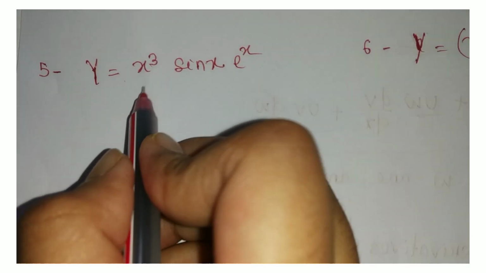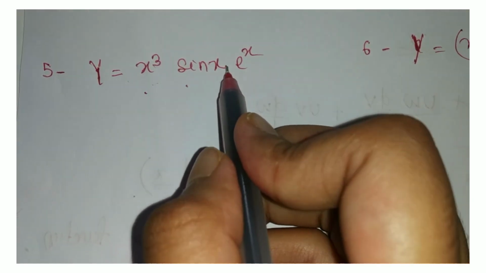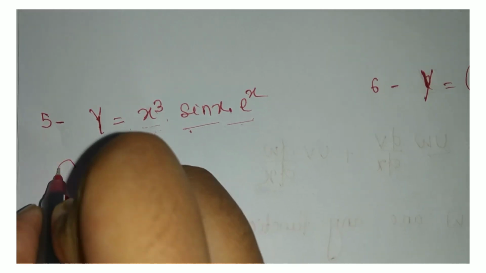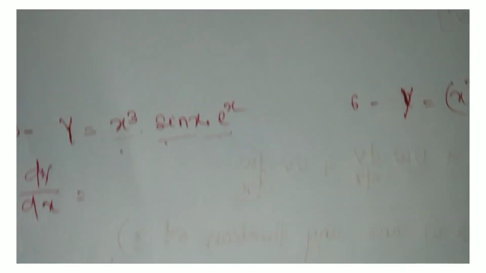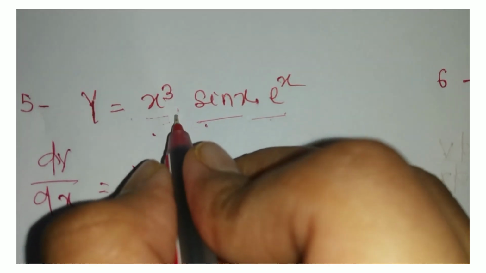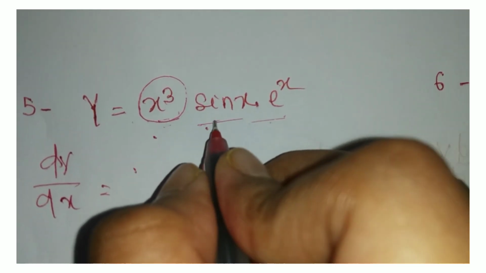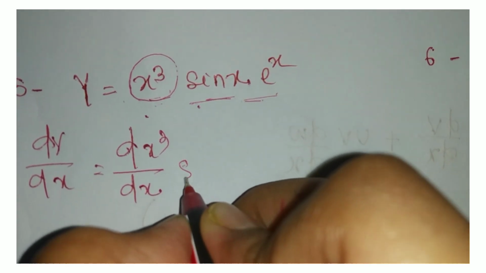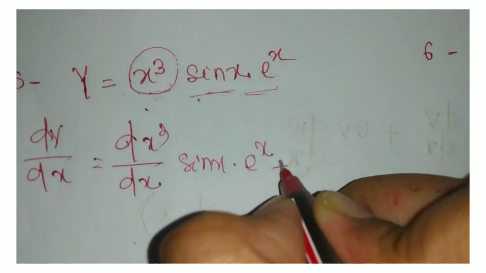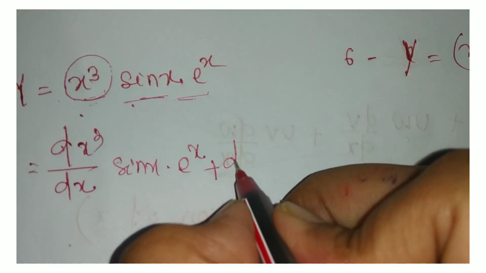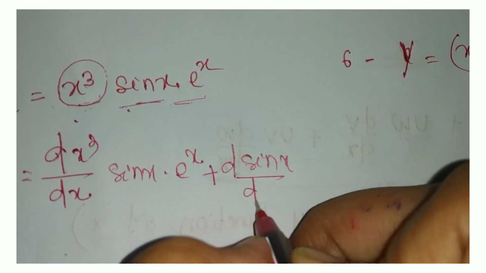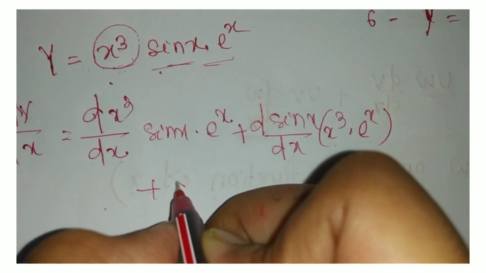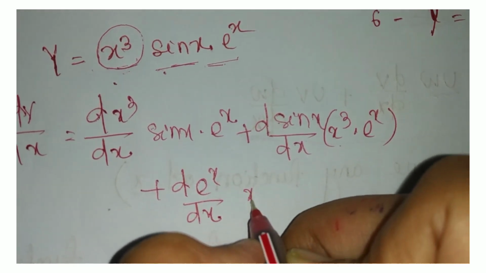Next, y is equal to x cube sin x into e to the power x. Here y is the product of three functions. So dy by dx is equal to the derivative of the first function into the second and third, so the derivative of x cube into sin x into e to the power x, plus the derivative of sin x into x cube into e to the power x, plus the derivative of e to the power x into x cube into sin x.